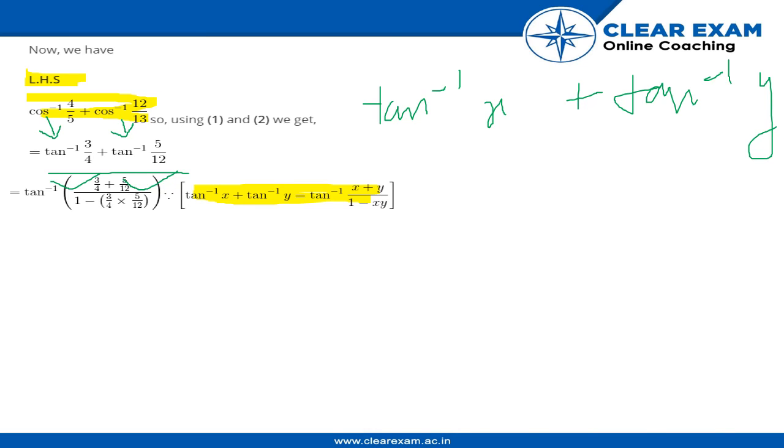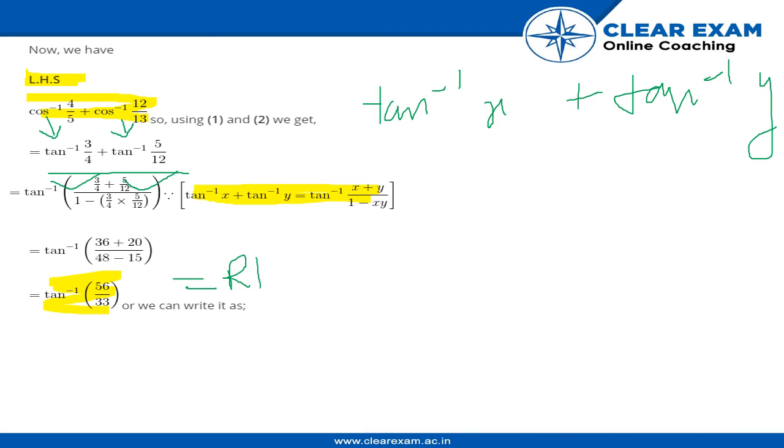Moving to the next step, we get our simplified answer as tan inverse of 56 by 33, and we have just proved that this is equal to the RHS. So LHS is equal to RHS, and hence our problem is solved.